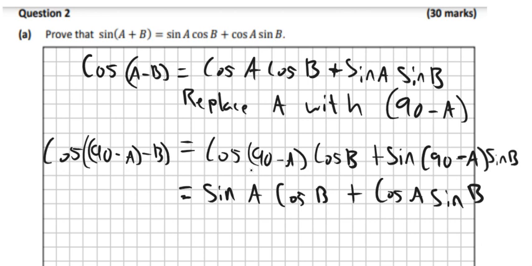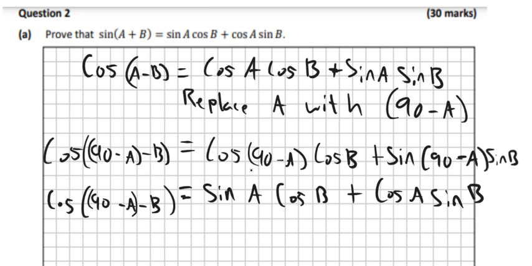And that's still equal to cos of 90 minus A minus B. And then what we're going to change then is the left hand side, so this part here.